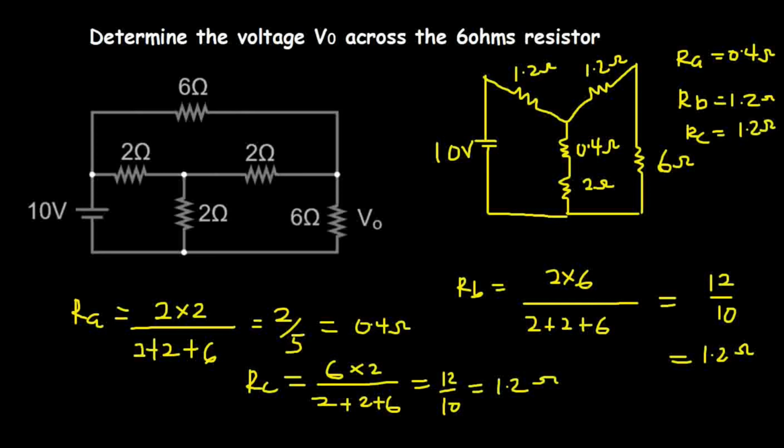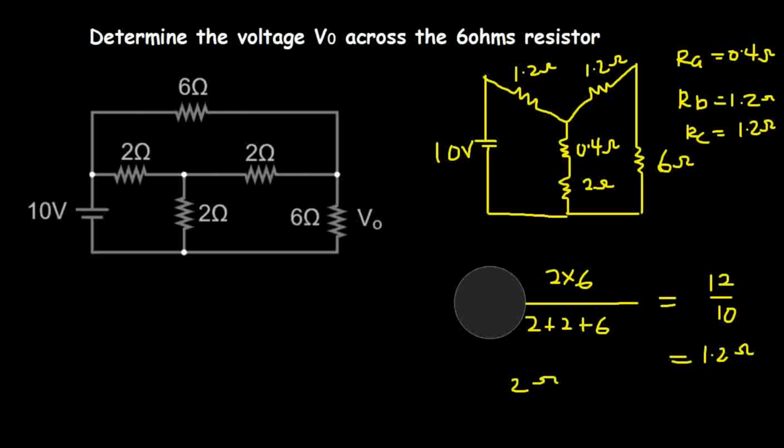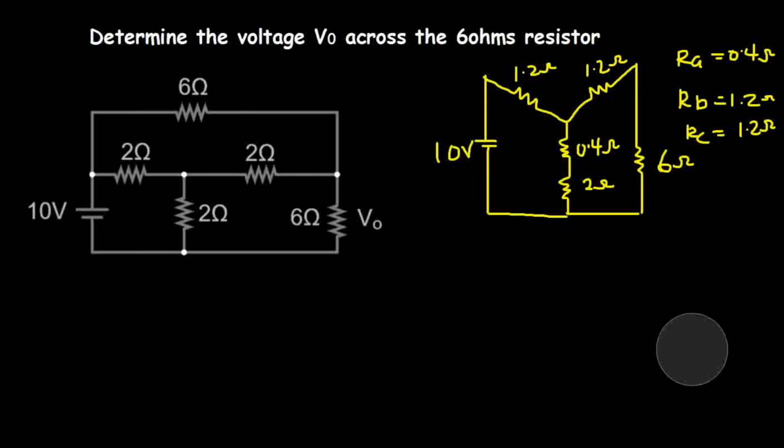So now let's continue and simplify the circuit. After doing this, you can see that we now have a series and parallel connection in the circuit. Very simple. You see that this 1.2 ohms here and this 6 ohms resistor here are in a series connection, and also this 0.4 and these 2 ohms here are in a series connection.